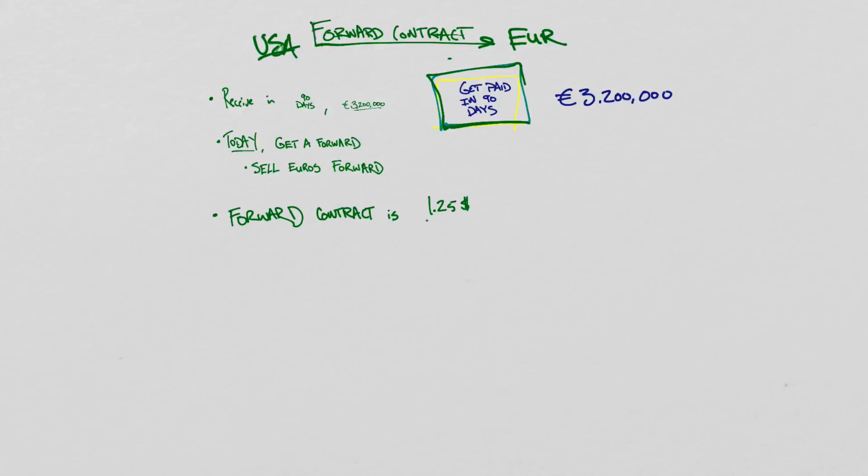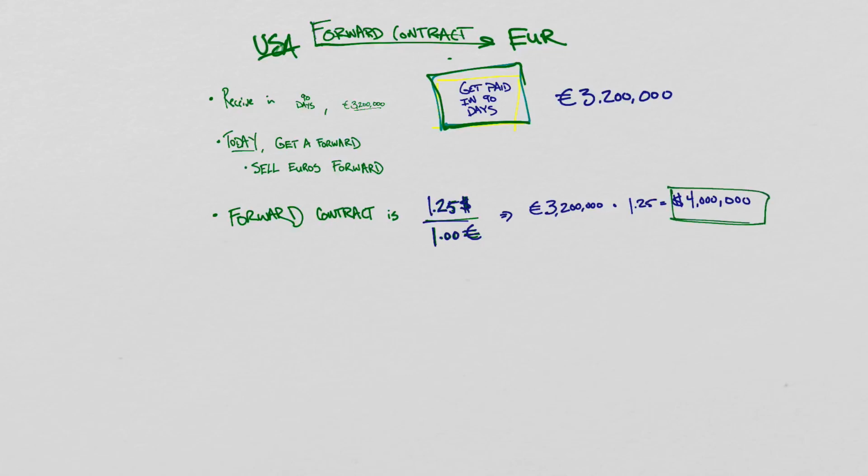At that exchange rate, the company knows that in 90 days, when it receives those 3.2 million euros, it's going to be able to exchange them and convert them into dollars and receive a net 4 million USD. And that's it. Hedging with a forward contract is, by comparison to the money market approach, much simpler.